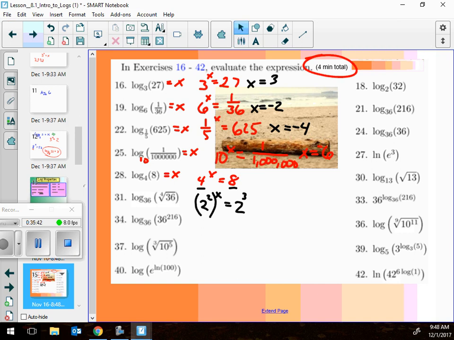And if the bases are the same, you can cancel them. And the answer is 2x equals 3. From there, I know everybody in here knows how to solve 2x equals 3, divide by 2, and I get 3 halves. The answer for this was a fraction exponent? Yup.